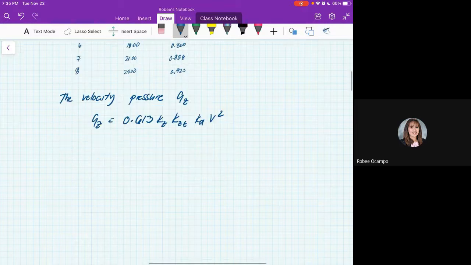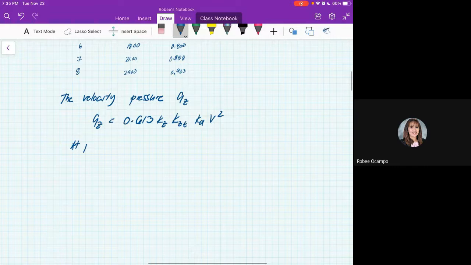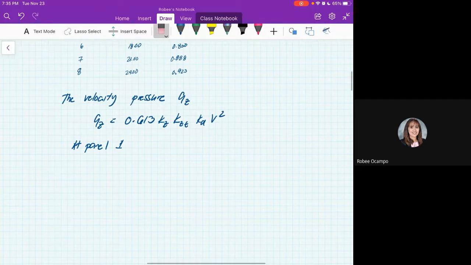So for panel 1, because we have different values of KZ, uulit-ulitin natin yung pag-compute for our QZ. Iba-iba rin yung magiging values ng ating QZ.